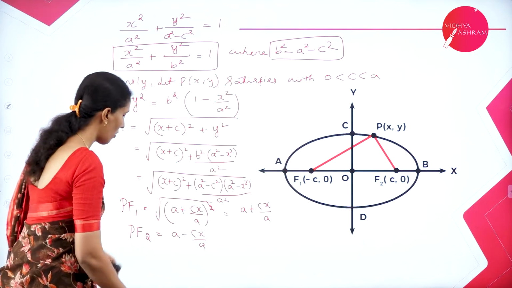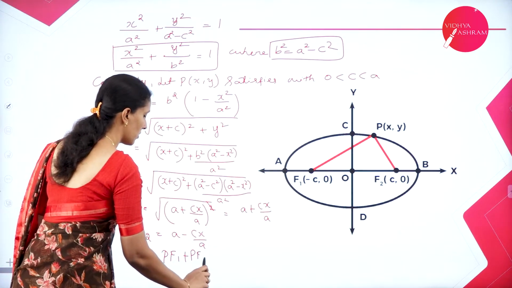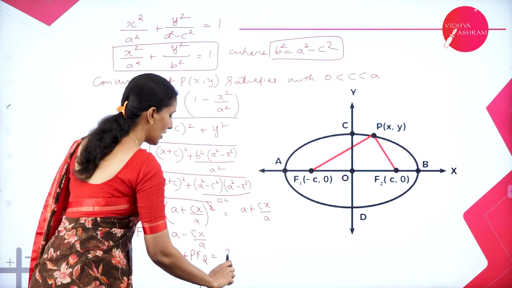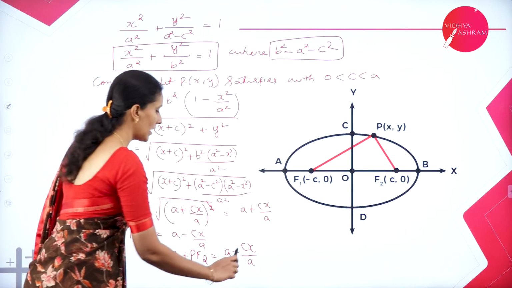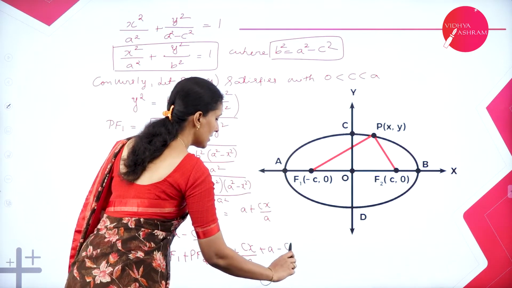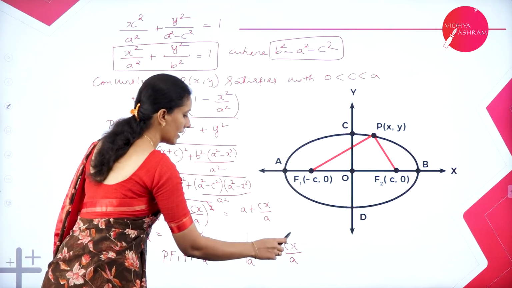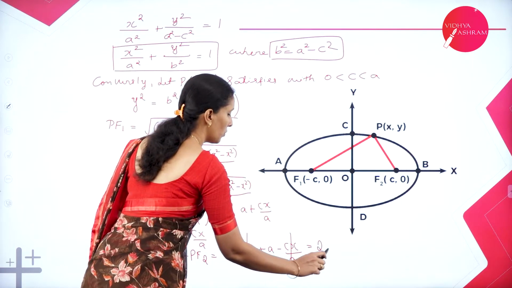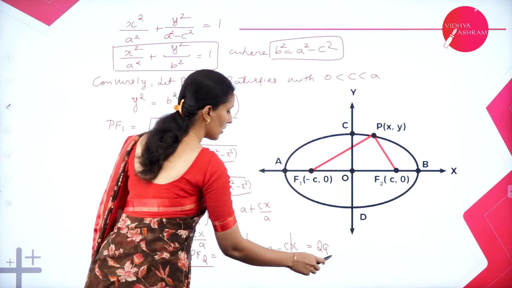You will get a plus cx divided by a, plus a minus cx divided by a. So you can cancel cx by a, and a plus a is equal to 2a. So we have got PF1 plus PF2 is equal to 2a.